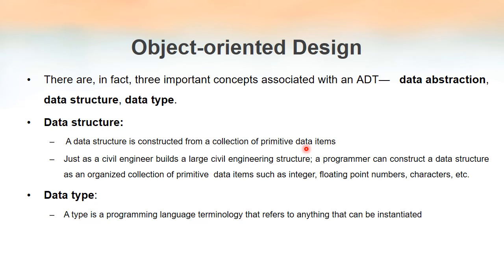All these integer, float, char, double, are known as primitive data types in C programming language. I hope all of you remember. So primitive data items means all those that exist already. If we can use all those data items that exist already, and group them together to form something new, that is known as a data structure.